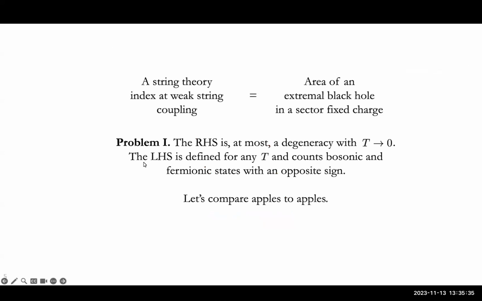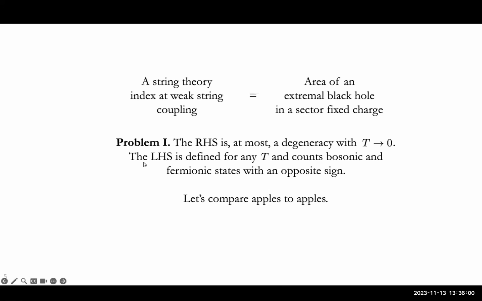Problem number one is that the right-hand side is at most a degeneracy in the limit in which the temperature of the black hole goes to zero. I say at most because here one can assume that the area of an extremal black hole gives its entropy. As we will see shortly, this is not actually always true.